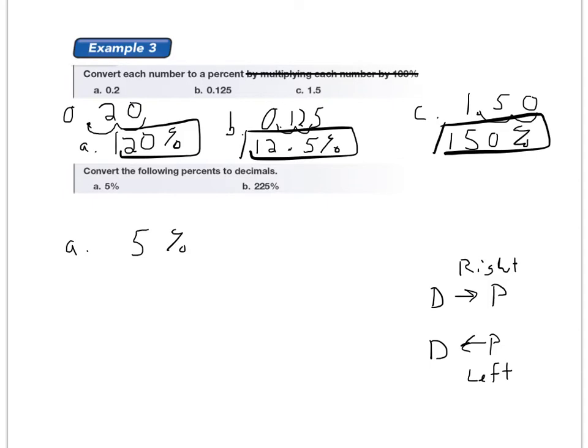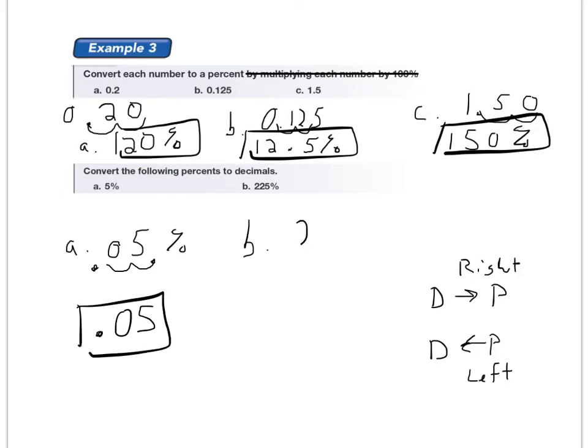I want to convert it to decimal, so I've got to first put a decimal point in here, and I move it to the left twice, because I'm going from percent to decimal. So I count 1, 2, that means the decimal goes out here in front, and I put a 0, and that new number is 0.05. And since I'm writing it as a decimal, I do not include the percent sign this time.